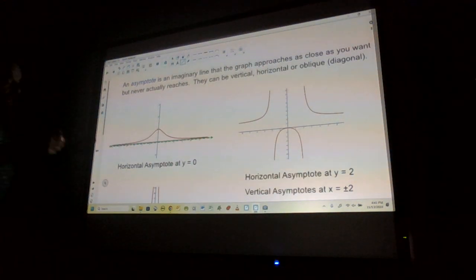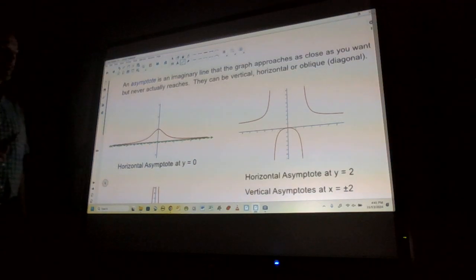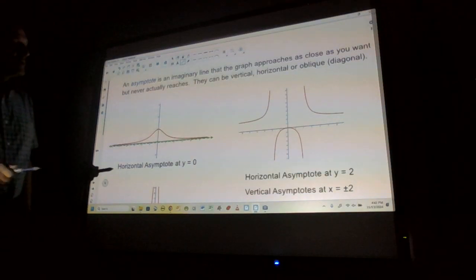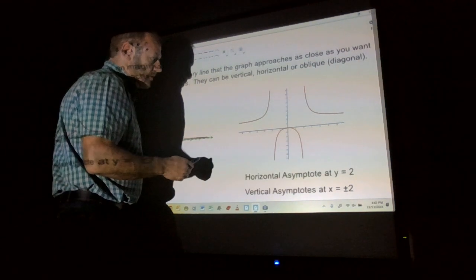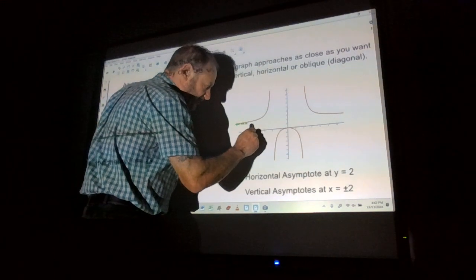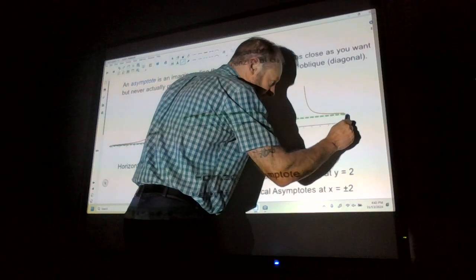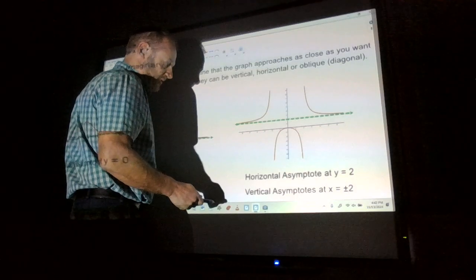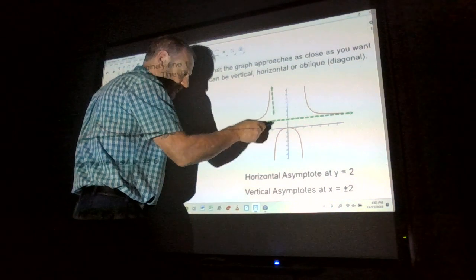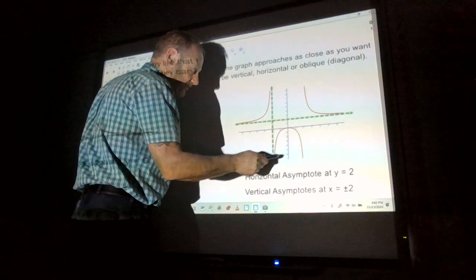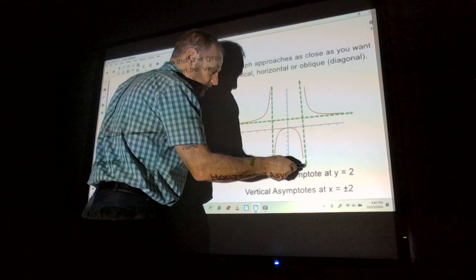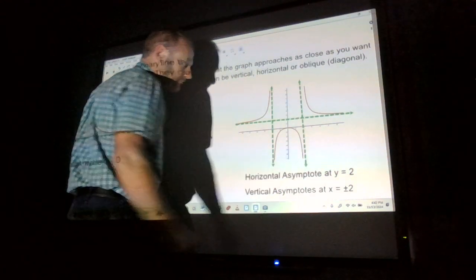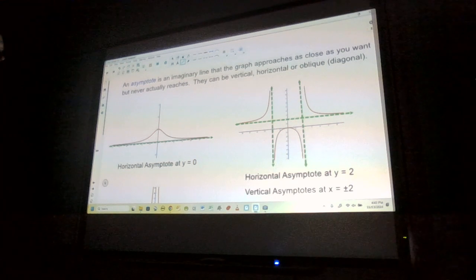Okay, it gets closer and closer to 0. It never actually quite gets there. Now, over here, we've got a horizontal asymptote right here at 2, and we have 2 vertical asymptotes. One is at -2, and one's at +2.